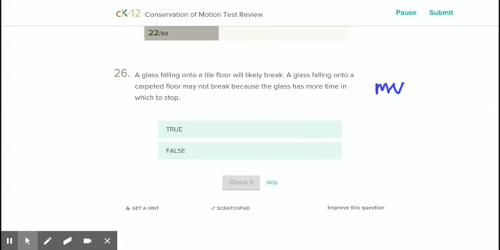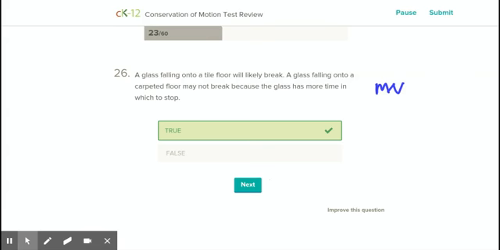Next, a glass falling onto a tile floor will likely break. A glass falling onto a carpet floor may not break because the glass has more time in which to stop. True. Reason why? Because on the tile floor, remember the impulse is force times T, right?